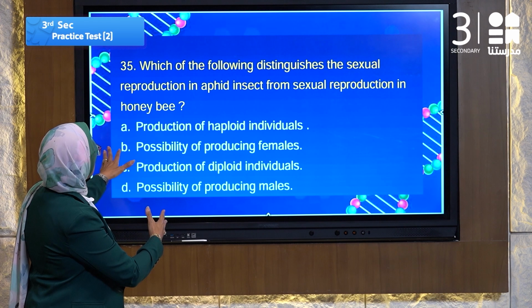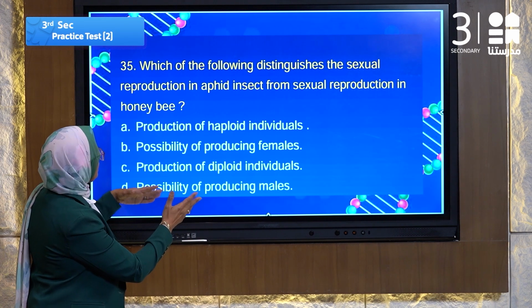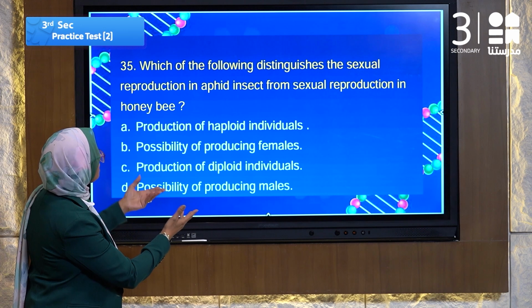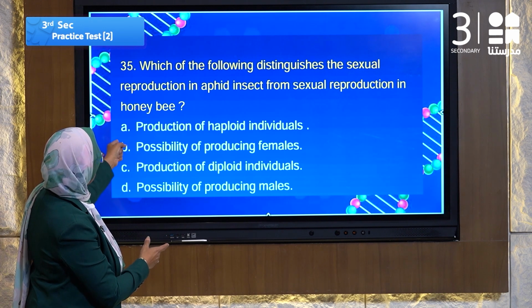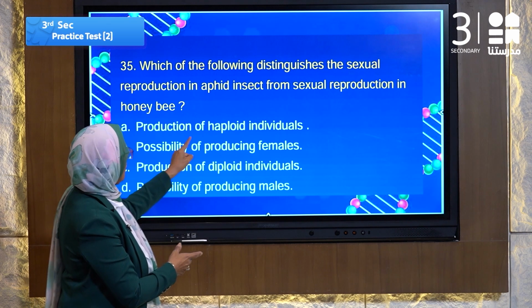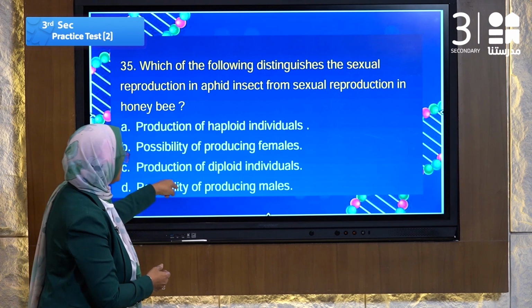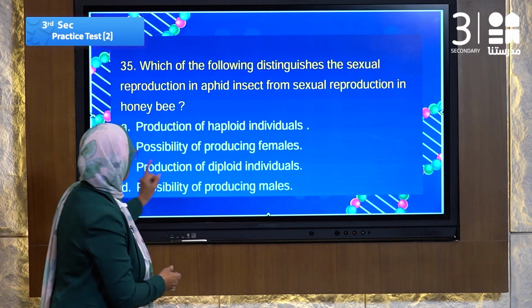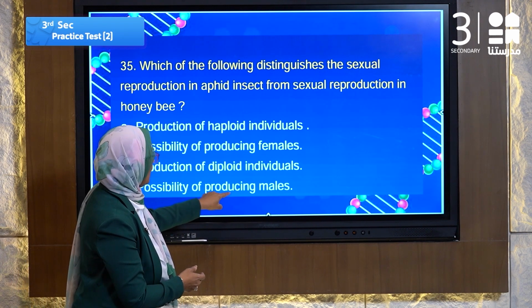Which of the following distinguishes the sexual reproduction in avid insect and honeybee? First choice, production of haploid individuals. B, possibility of producing females. C, production of diploid individuals.